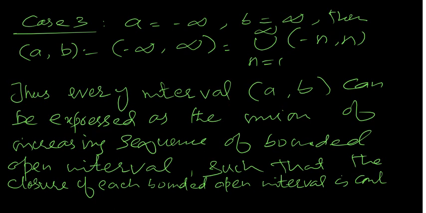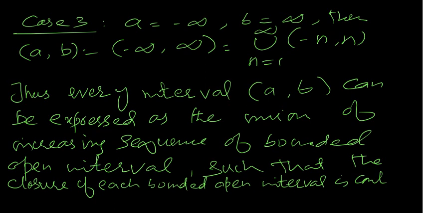Let's define this function. It's not difficult. Define a function f by f of x is equal to 0 if a is less than or equal to x and x is less than x0, and it's equal to 1, like a step function, if x0 is less than or equal to x, less than x1, and so on.